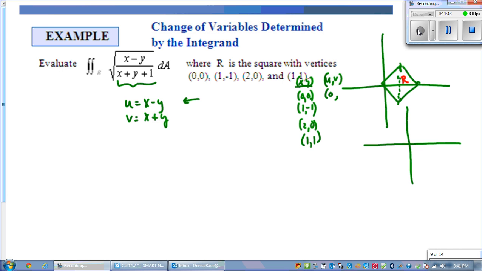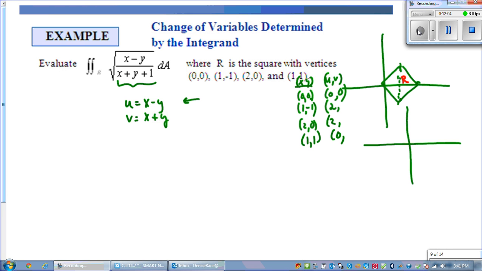The v will be x plus y, so again, it's just 0. The u, x minus y, so 1 minus -1. Let me just do all the u's first. 2 minus 0, and 1 minus 1. So that's all the u's.